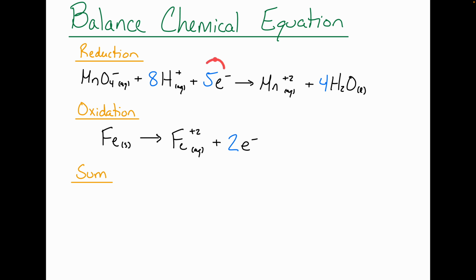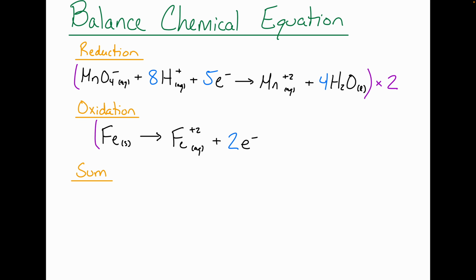I have 5 over here and 2 over here. I can't turn a 2 into a 5, so I'm going to turn them both into 10. Least common multiple. Multiply this one by 2. Multiply this one by 5.